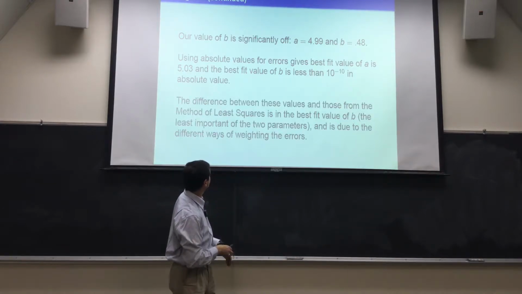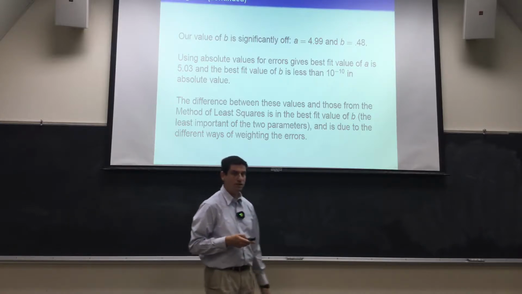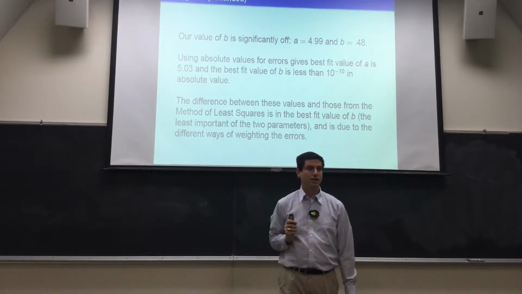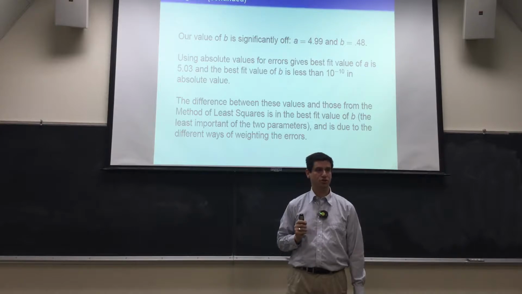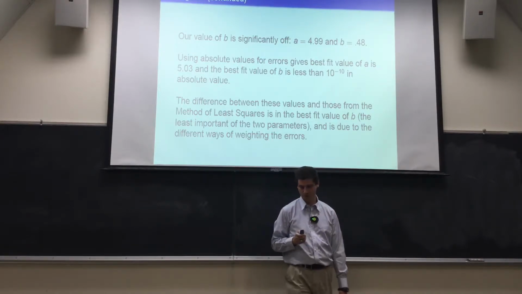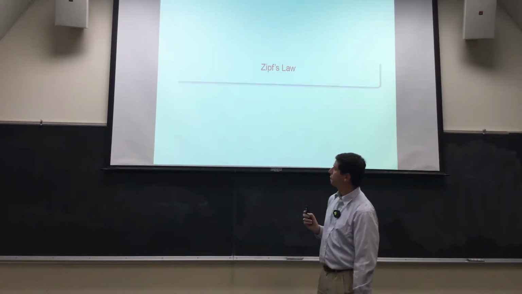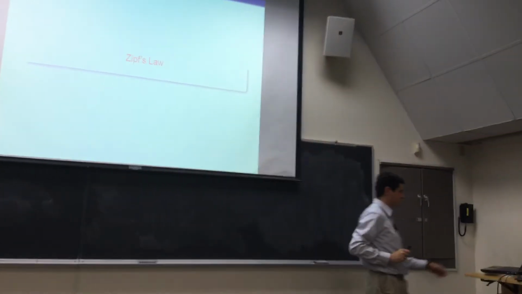Just talking about the difference between the methods, B is where the difference is, not the slope A, which is good because it's the slope that's the more important one. All right. So now I'm going to pause on Zipf's law for a little bit.